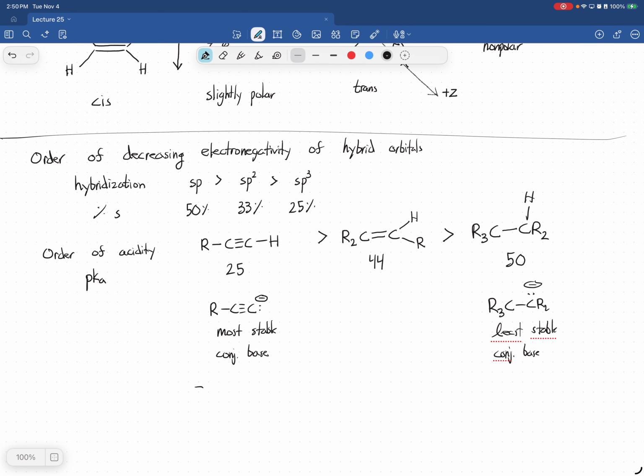So here I would just put negative charge closer to carbon's nucleus. Okay? And you have a negative charge attracted to the positive charge, more stable. So you should kind of think of it like that. All right, we'll talk about alkene stability next time, and then we'll jump into some reactions. Okay? All right, that'll be it for today.